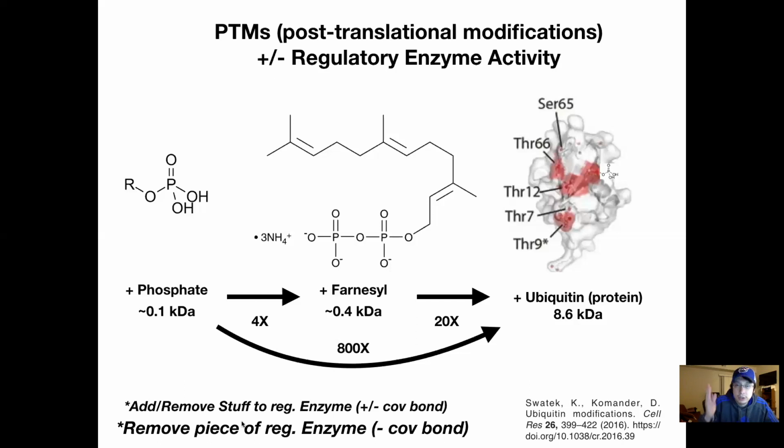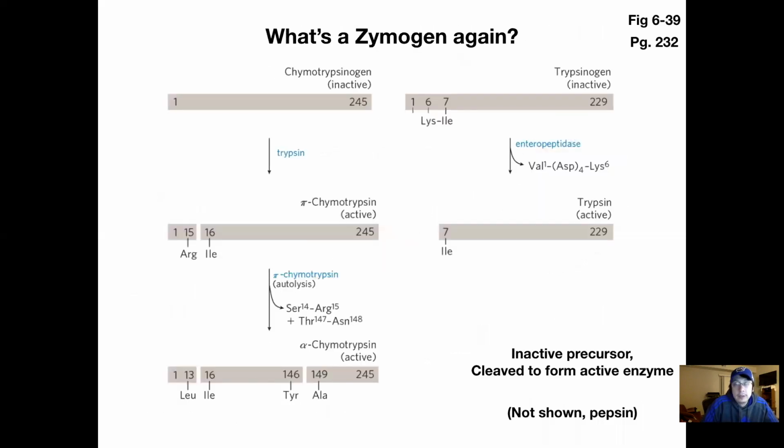So in this case, you're just removing a covalent bond and you're actually taking out a piece of your protein. I mentioned that we had a nice talk already in the class that discussed this briefly, but your textbook also goes into it in more detail.